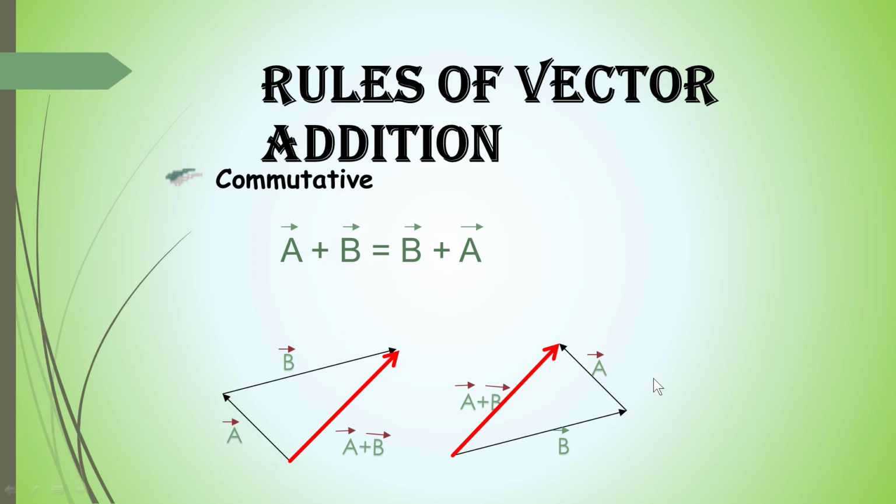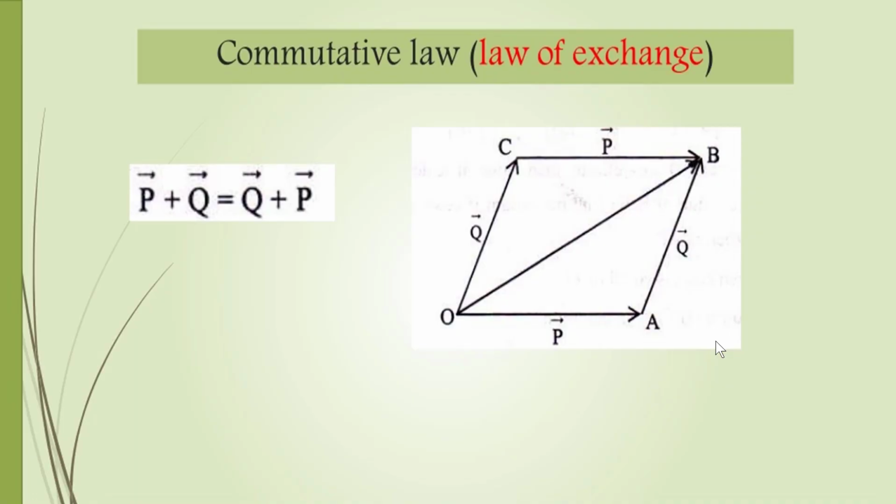So it doesn't matter what the order of addition is, you can place any vector first and any vector second, it will give you the same result. So vector addition is commutative, okay, it has the commutative property.